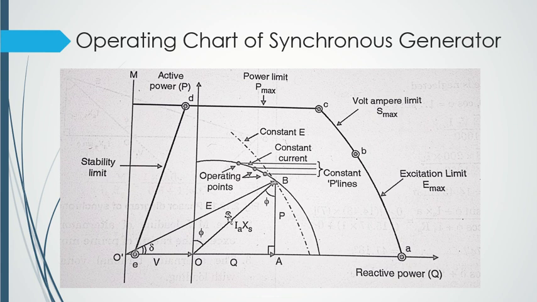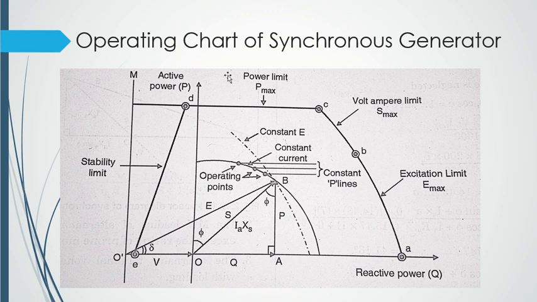The I vector will be at 90 degrees to my E vector, so by plotting that, we can find my I. Then we can also find the var rating, because we have V and we have I. And then we can also find my generated EMF, E.